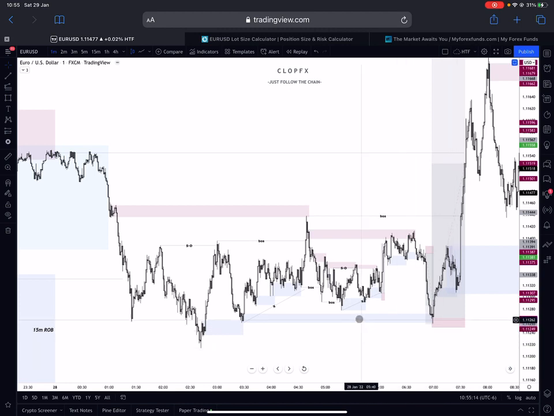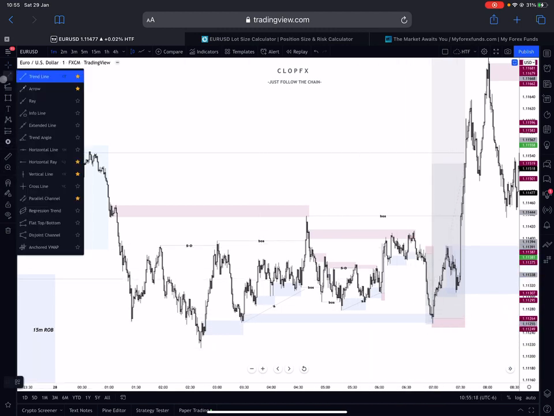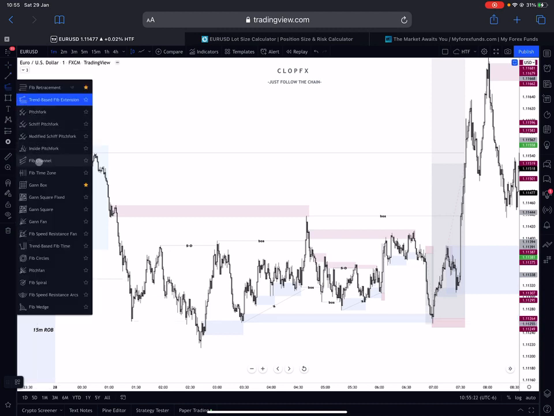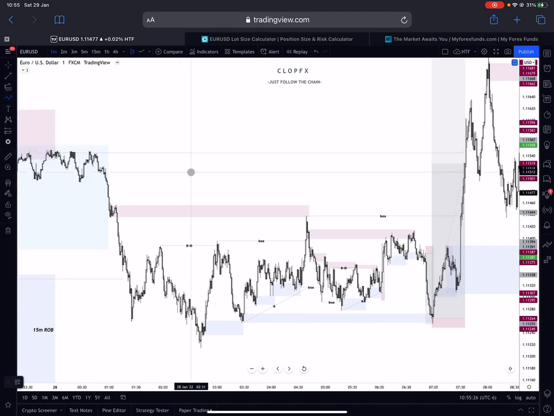But once you understand liquidity has to be built, most of the times when it's being built, it's going to create a chain that is going to be respected, like a protected chain.